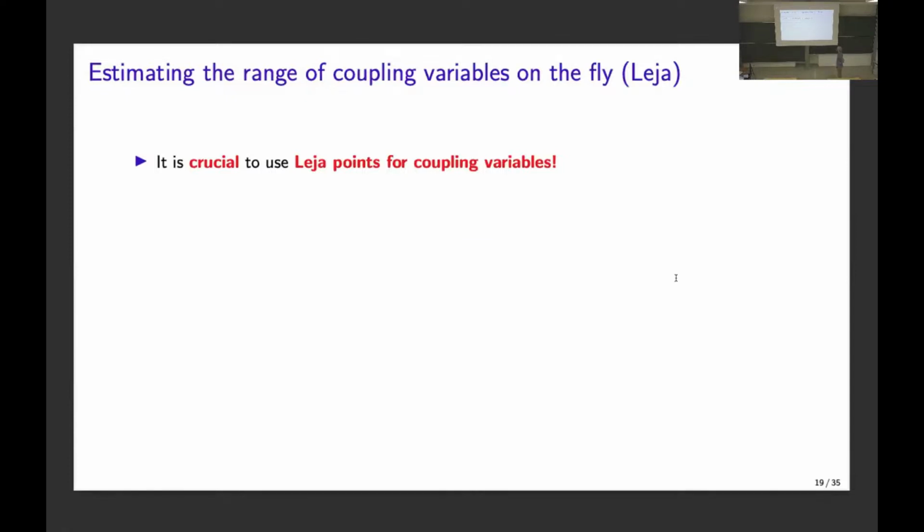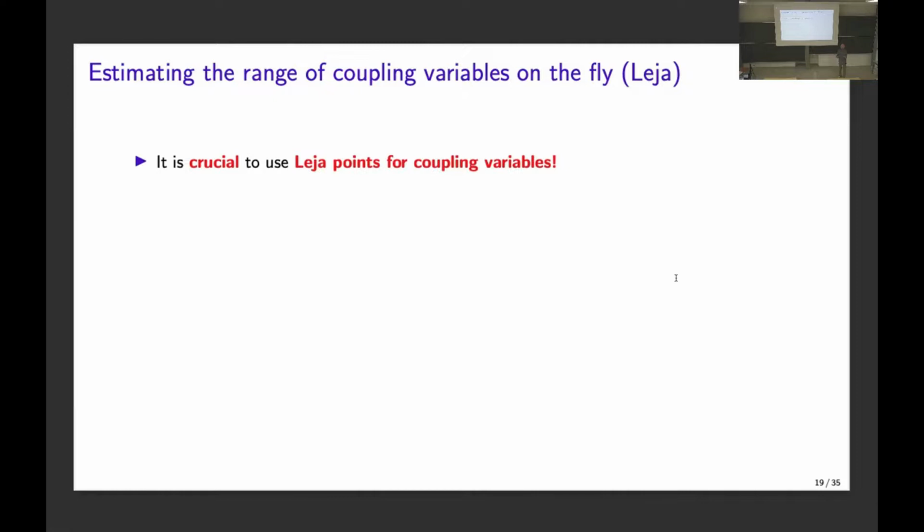And the last bit of information is, remember I told you I need to nail down the ranges of the coupling variables that I don't know. The coupling variables are the outputs of each block. Every time I refine the block, I get a more accurate approximation of the outputs of that model. Those outputs are inputs to another model. So every time I might want to enlarge the support of the coupling variables.